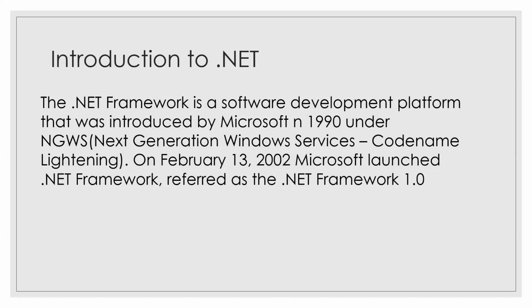Later on in 2002, they launched it as .NET Framework 1.0. So, as we know the origin of it, let's ask ourselves, what is .NET Framework? Basically, .NET Framework is a common platform that is used to run applications which are built with C Sharp, F Sharp, JavaScript, and other things.